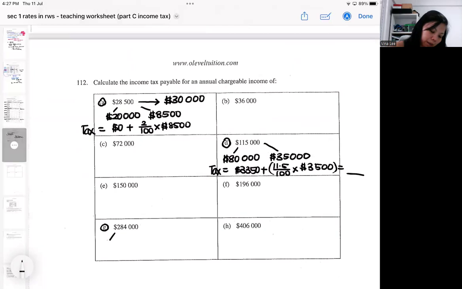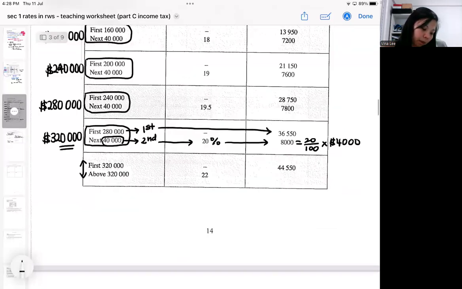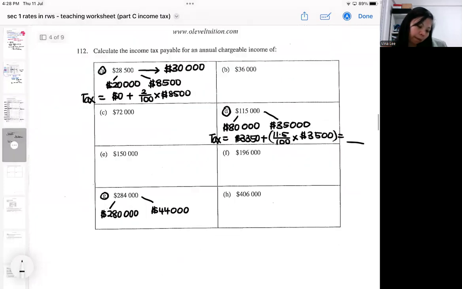So if I split like this, 280,000 is my first basket. Then my second basket is left with 4,000. No, I'm left with 4,000.